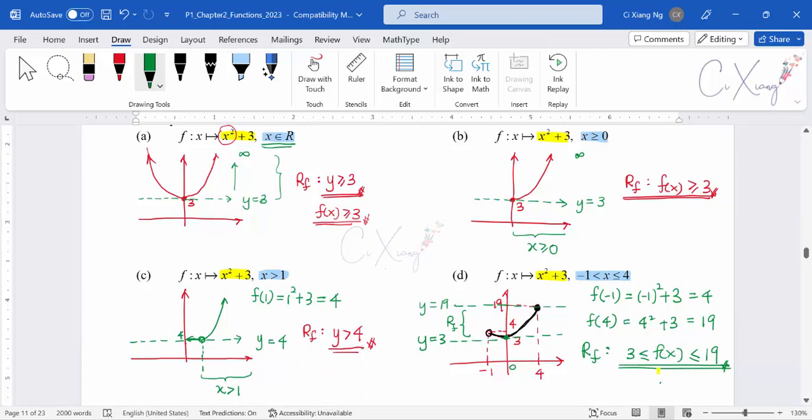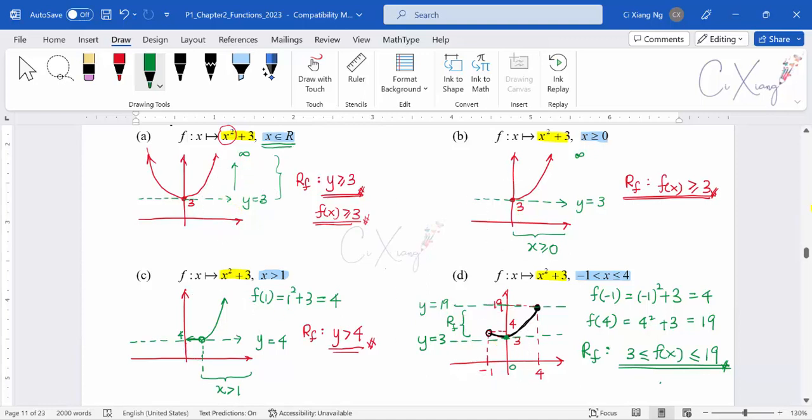And what is the best way for us to decide? There are many ways to decide the range, but for the A-level syllabus, I personally rely very much on the graph, because we have learned how to sketch the graph from transformation as well. So it is quite convenient for us to sketch the graph and then imagine the graph. Then we can decide the range from the diagram.